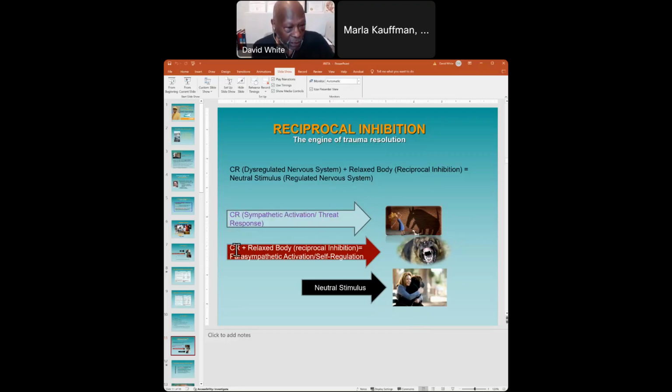And now to correct it, you look at having the conditioned response in a relaxed body, and that's going to move you back into parasympathetic activation, self-regulation, and not experiencing the secondary traumatic stress that you would normally experience if you're not starting to pay attention to this.